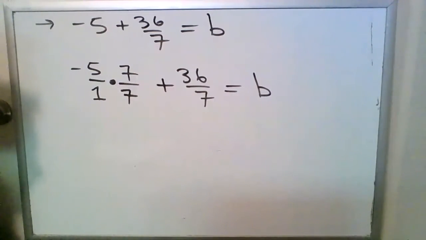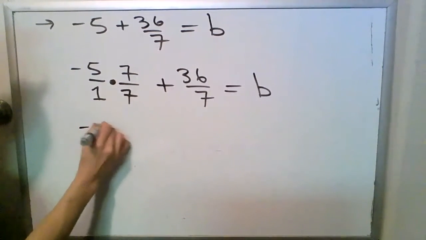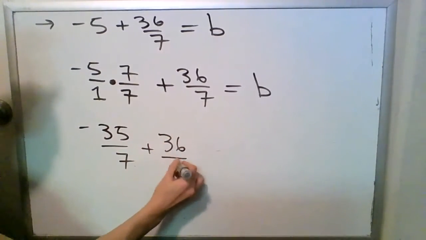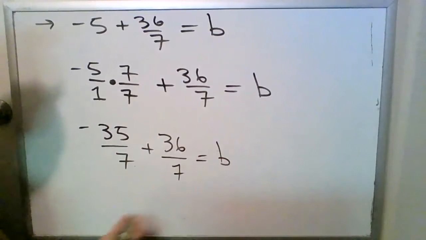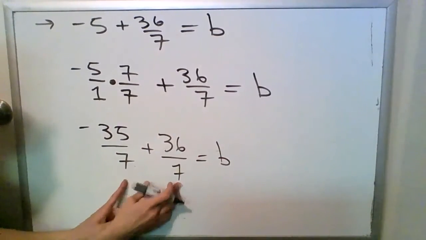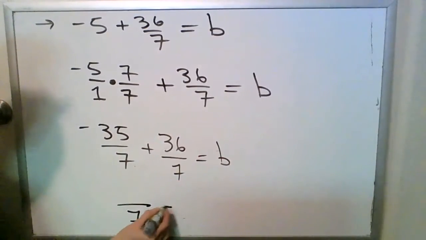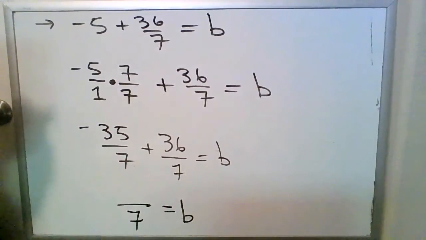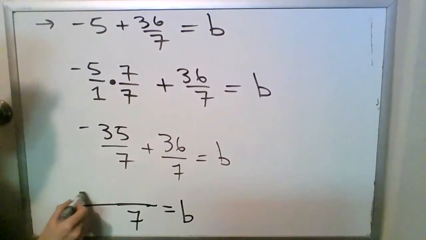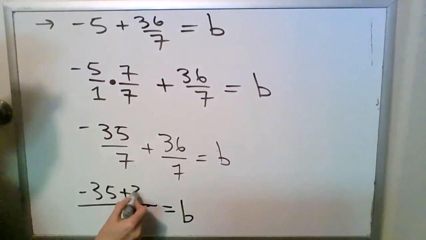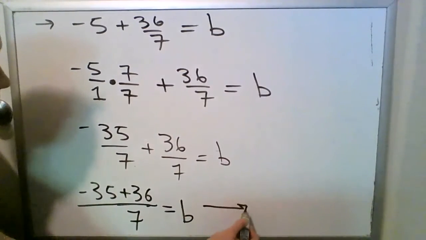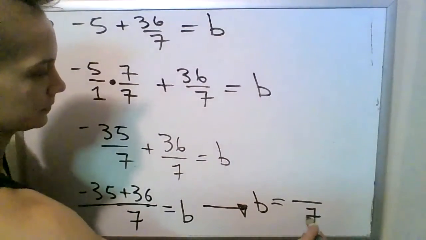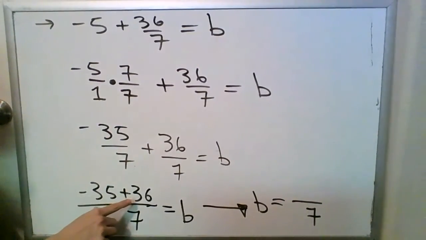It's -35 over 7, add 36 over 7. That's equal to b. They've got a common denominator, 7, so I can put -35 plus 36 over that, which means b equals 1 over 7.